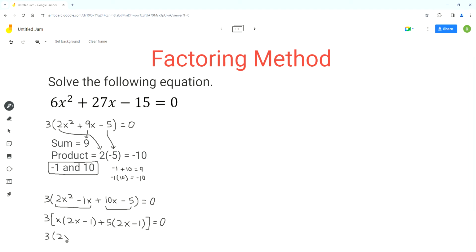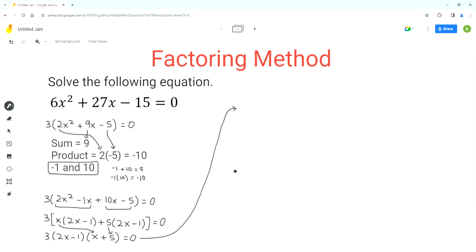So we get 3 parentheses 2x minus 1. And then the second parentheses we put x plus 5 equals 0. So this x goes here and this 5 goes here. So this is the factored form for this quadratic equation.